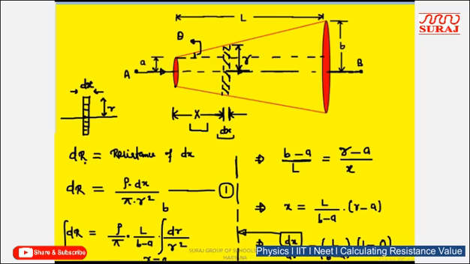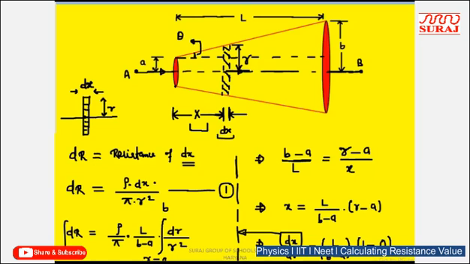The resistance of this dx thickness is rho times dx. Why dx? Because the current is flowing in this direction, and we take the length along the flow of current. So rho dx upon pi r square. As we move from the smaller cross section to the larger cross section, there are two parameters which are continuously changing: one is x, another one is r.